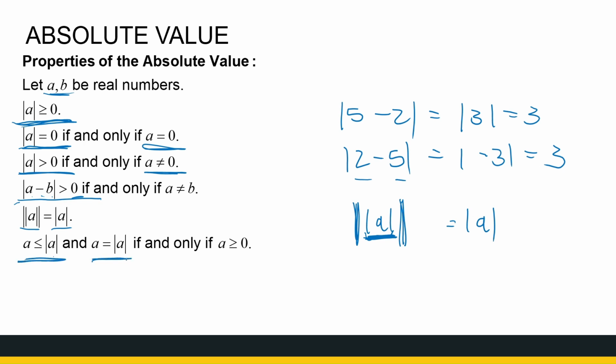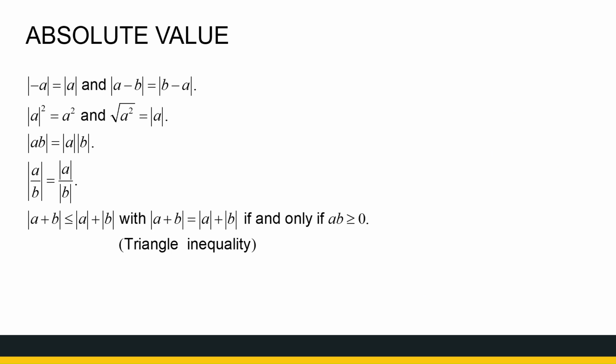And if it's equal, that is when it's positive or 0. So if I've got a negative number a, for example, minus 3 will always be less than or equal to the absolute value of minus 3, which makes sense because minus 3 is less than 3. But if I have a number there that's positive, then the absolute value of the number is just the number itself.